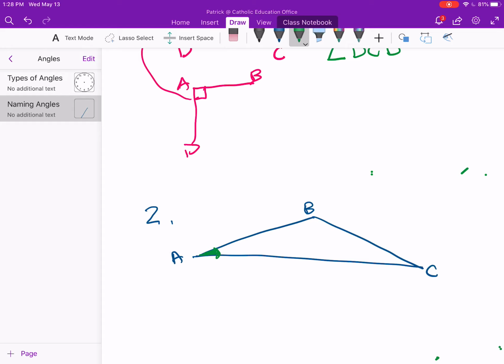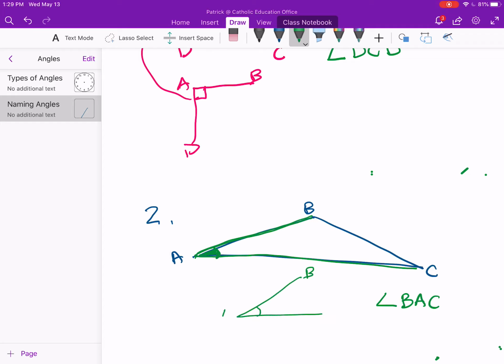All right, let's see. To get this angle, the green angle, which is this angle here, I could start at B, go to A, and then go to C. So I go B, A, C. You can see that angle like that. Okay?